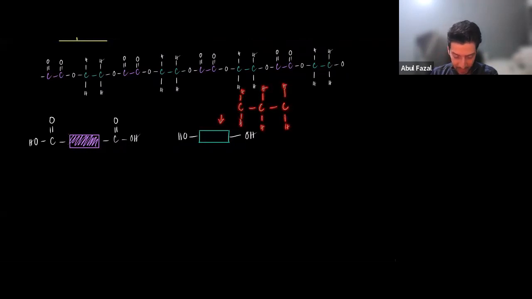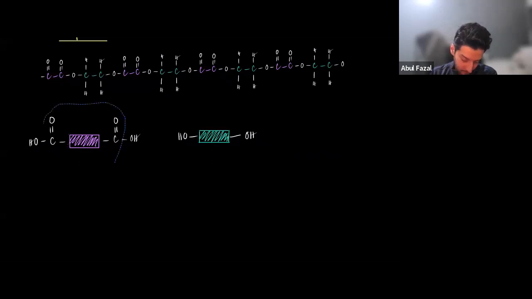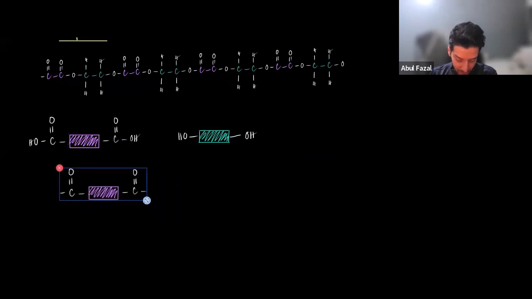The problem with it is if they start showing this, people might get confused because it is just so much over here. How do you process it? So what they end up doing is they put them into rectangles and they only show the functional groups. So what would this molecule look like if it esterifies or polymerizes? Or what is the difference between an alkene polymerizing and this polymerizing?